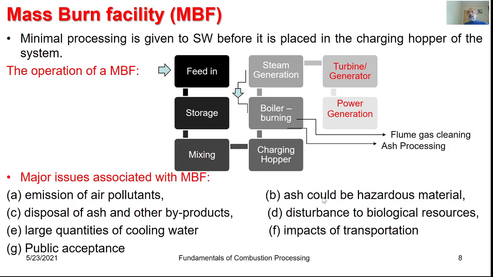The emissions would cause disturbance to the biological resources. In order to have the hot water further cooled, there will be a requirement for large quantities of cooling water.